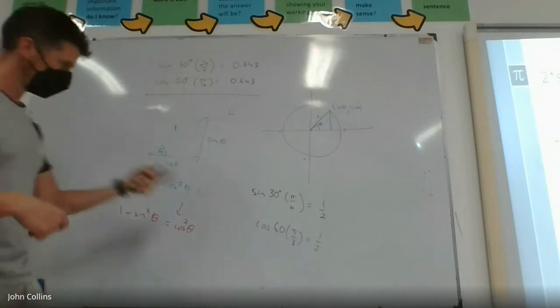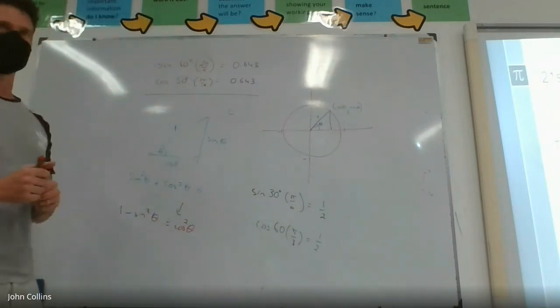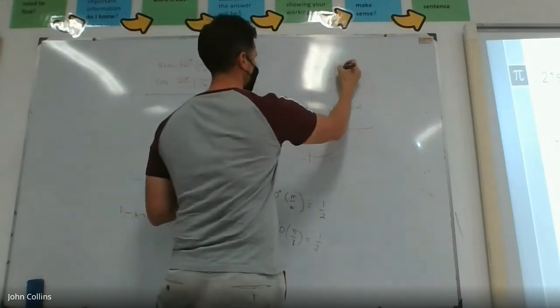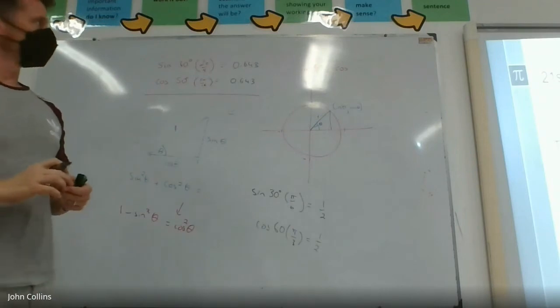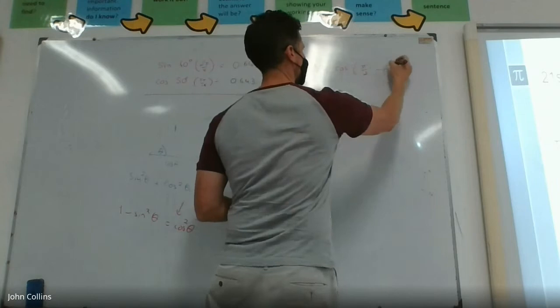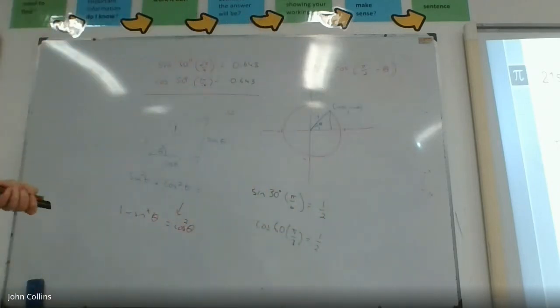And 30 and 60 add to 90. So how do I represent that? So let's say sine theta is equal to cosine of 90 minus theta. Comfortable with that? There's an identity.